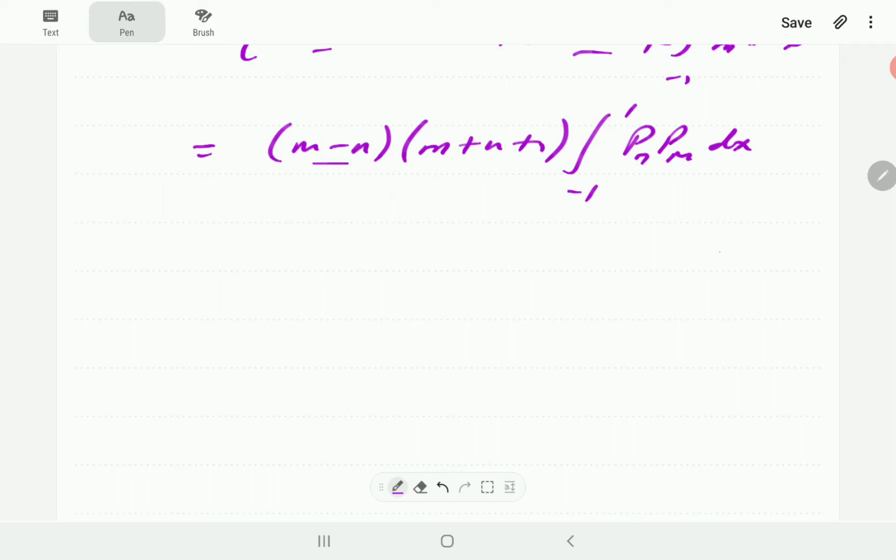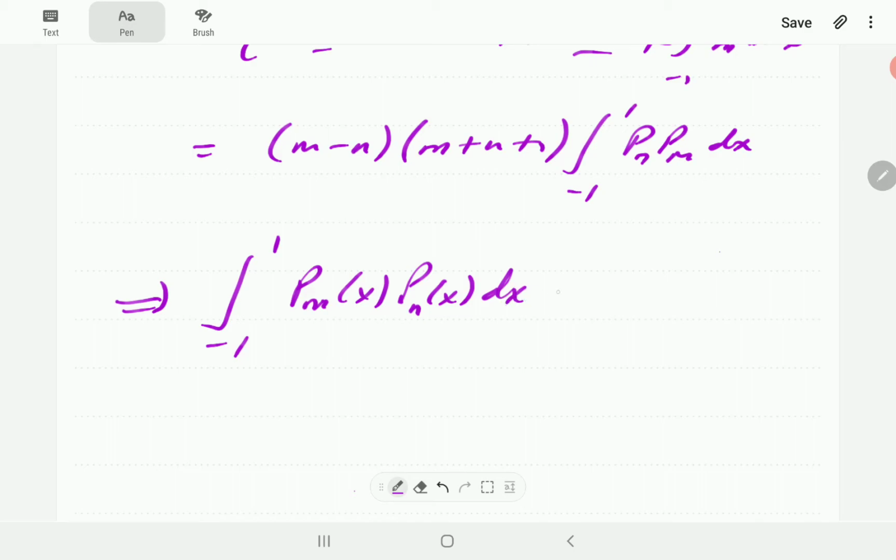This can be 0 if m is not equal to n. So long as m is different from n, the term that's equal to 0 can only be this one. And so that completes our proof. So long as m is different from n, then the integral of Pm of x times Pn of x must be equal to 0. So that finishes off the first proof.